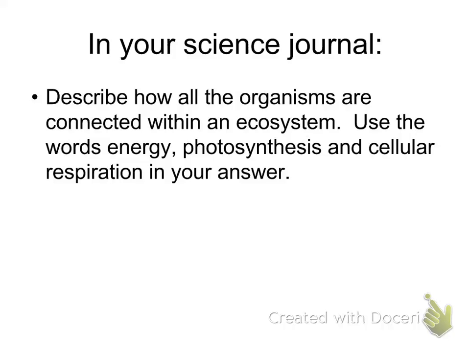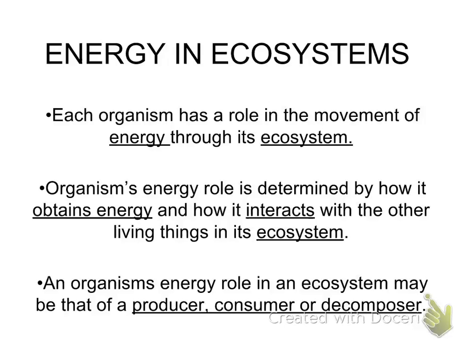As we said, there are a few different roles within an ecosystem. Every organism that we have been studying throughout this unit, planarian, sea stars, jellyfish, the trout, aloe vera, morel truffle, strep, every single one has a role in the movement of energy through an ecosystem.